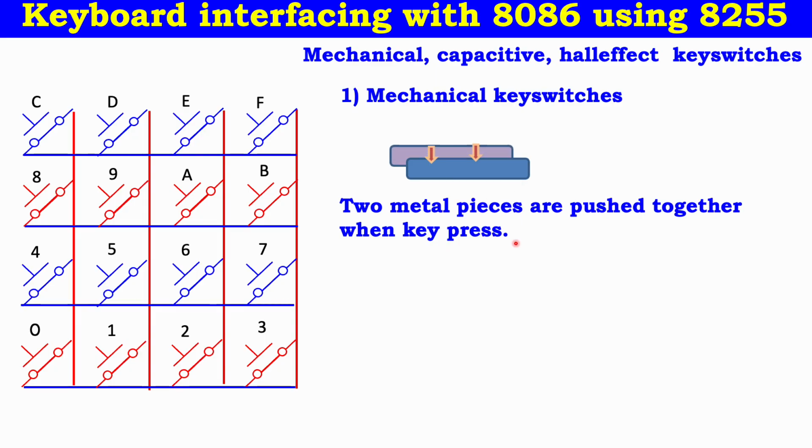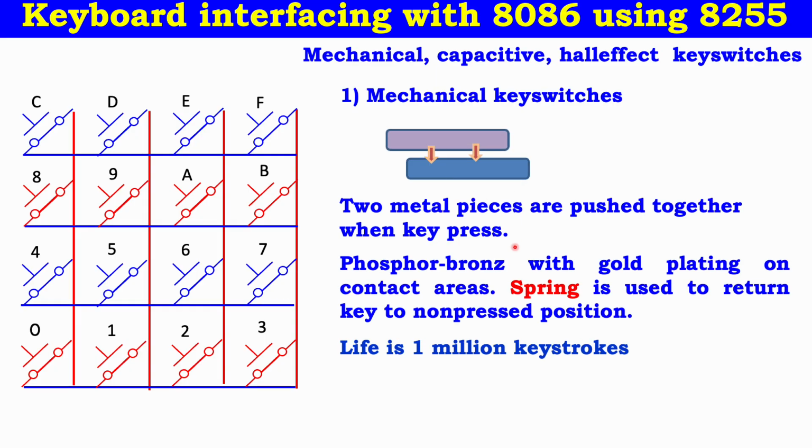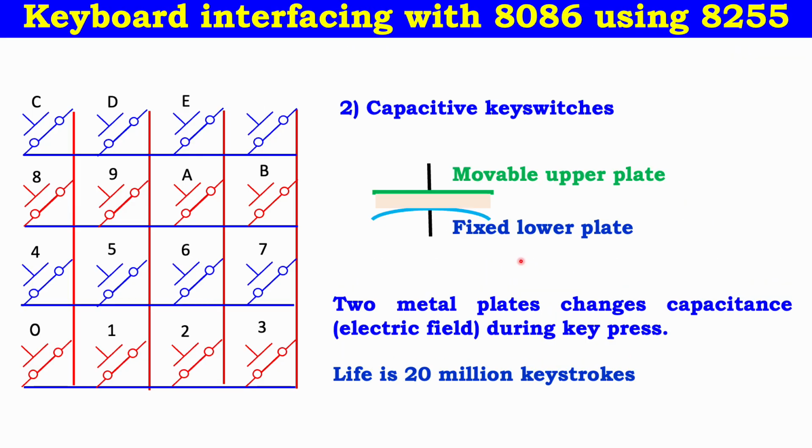These two metal plates are made with a specific material called phosphor bronze, and one spring is used for moving the upper metal piece of the key switch, so that the key switch can be used repeatedly and debouncing can happen, nothing but bouncing can be avoided. So this is the simple mechanical switch. Generally a mechanical switch can be used for 1 million keystrokes.